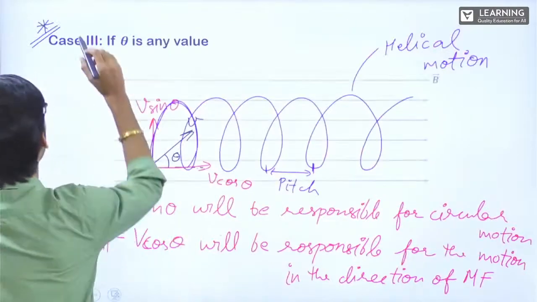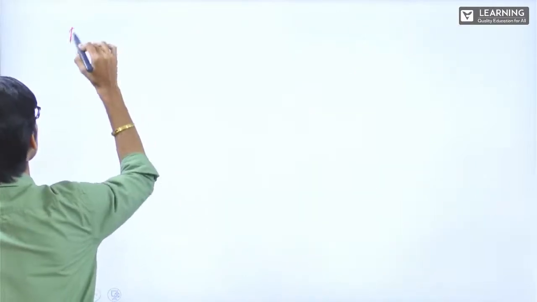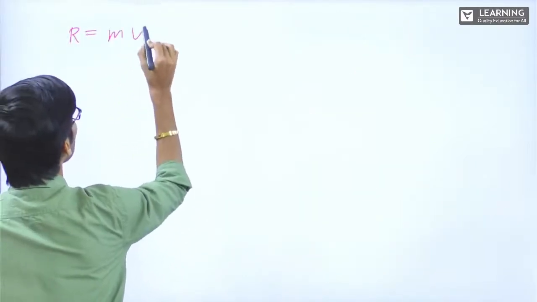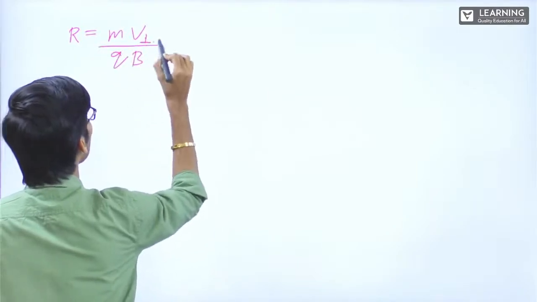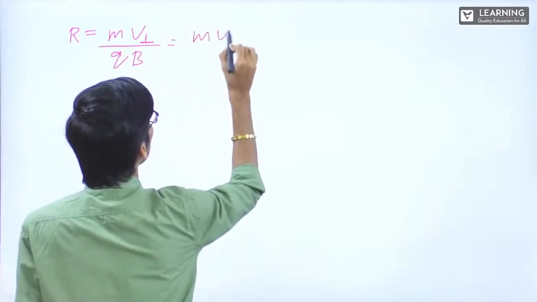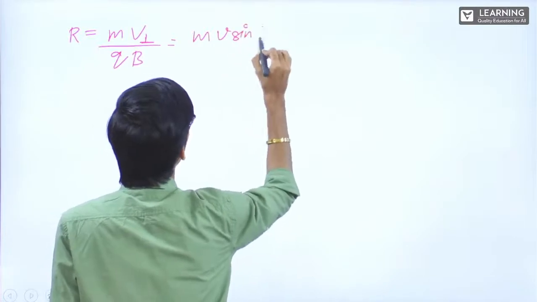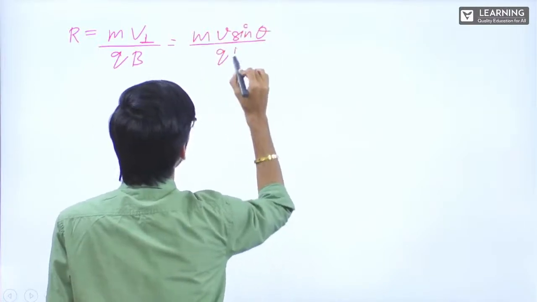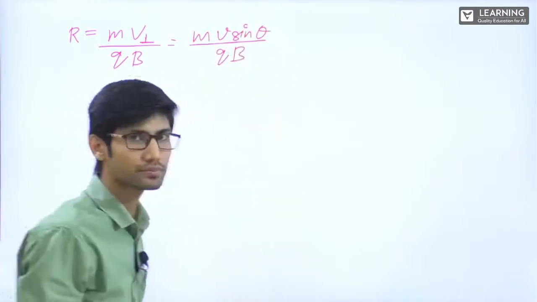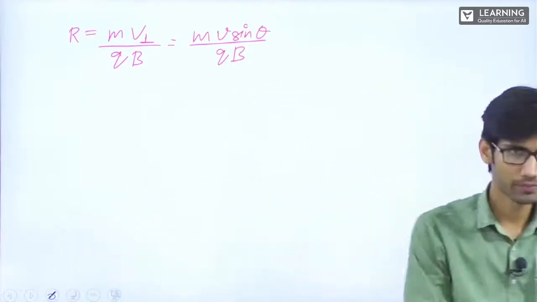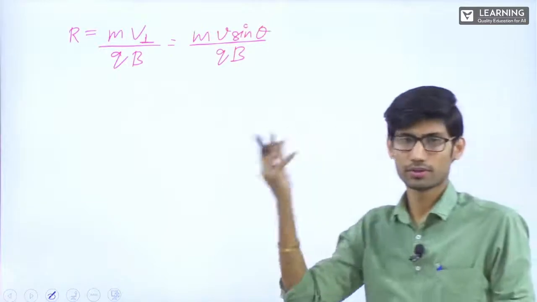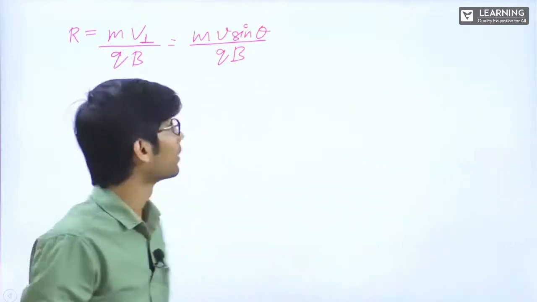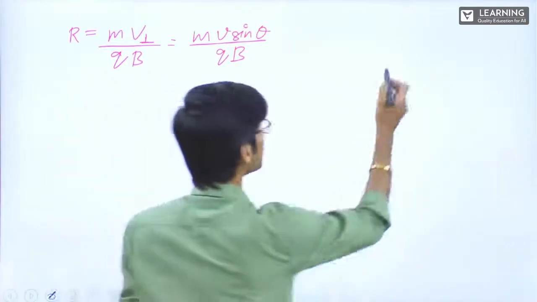So here R is equal to m v perpendicular upon qB, that is equal to m v sin theta upon qB. Clear? Because the perpendicular velocity is responsible for the circular motion. You can derive it also, not a problem.